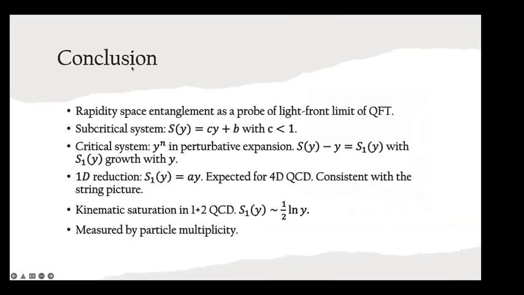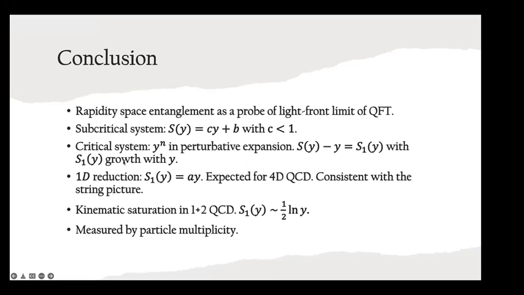So let's conclude. The rapidity space entanglement can be used to probe the Regge limit of quantum field theory. For subcritical systems, you have this form of behavior with a bound less than 1. And for critical systems, at individual order in perturbation theory, this bound is enhanced.